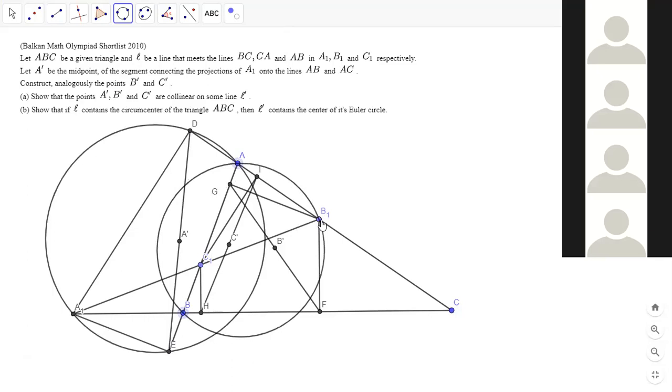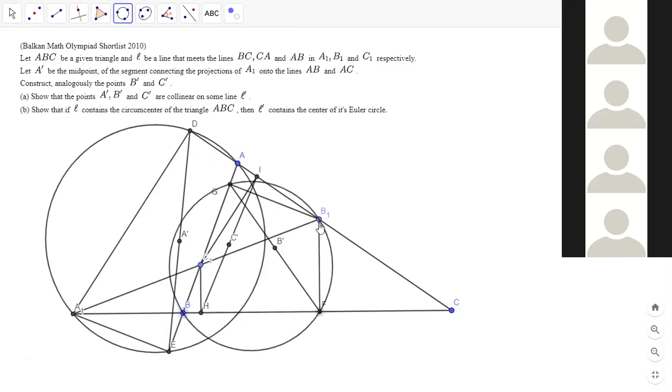So the Gauss line. Or not that point. BB1 and G, not BB1 and A. Yeah, that was the wrong point. But isn't the Gauss line, is that the Gauss line of HGIF? Because you have one midpoint.